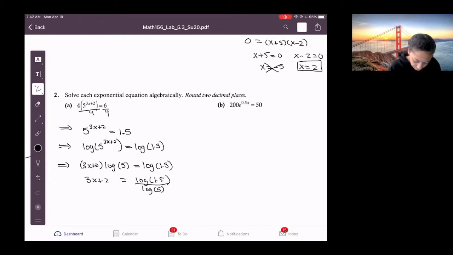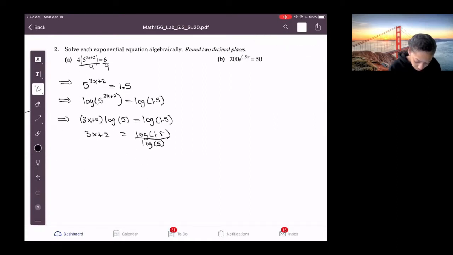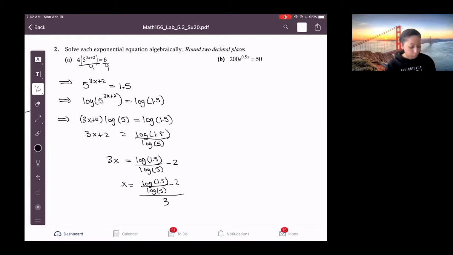And then if we subtract 2 from both sides, 3x equals log of 1.5 divided by log of 5 minus 2. And then finally divide everything by 3. X equals log of 1.5 divided by log of 5 minus 2, all divided by 3.